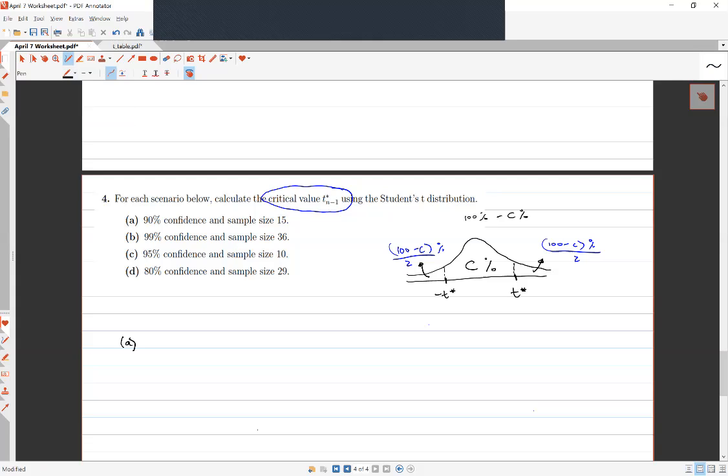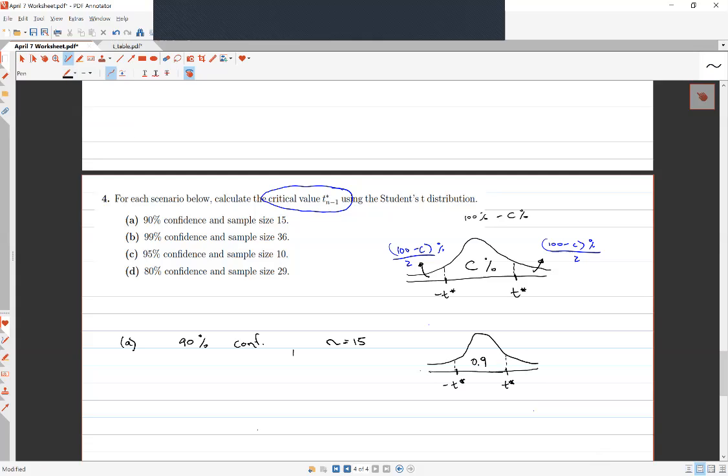So let's look at an example. Let's say you are using 90% confidence, your sample size is 15, and you want to find the T-star value. So what this tells you here is if we're trying to find the T-star value, 90%, it's easier here working with decimals, is 0.9.